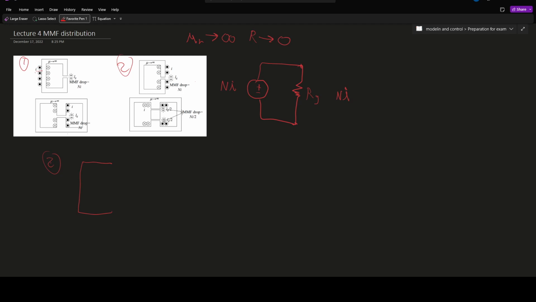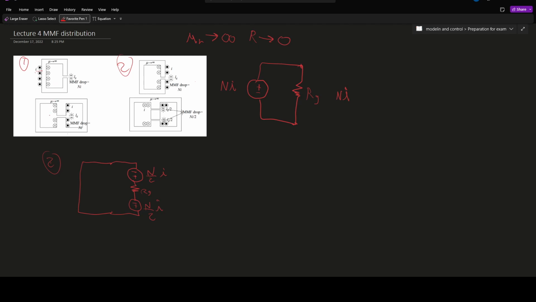Half of them are up and half of them are below, so we can show it as if we have separated the source. Half of the terms Ni, we have the reluctance Rg, and we have the other half of the terms Ni here. So that's how we got this.